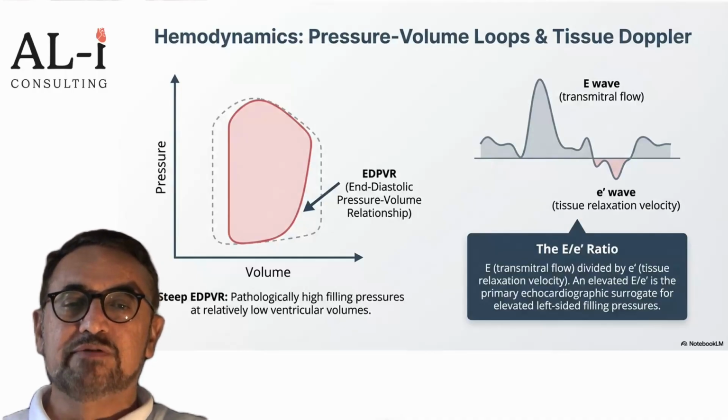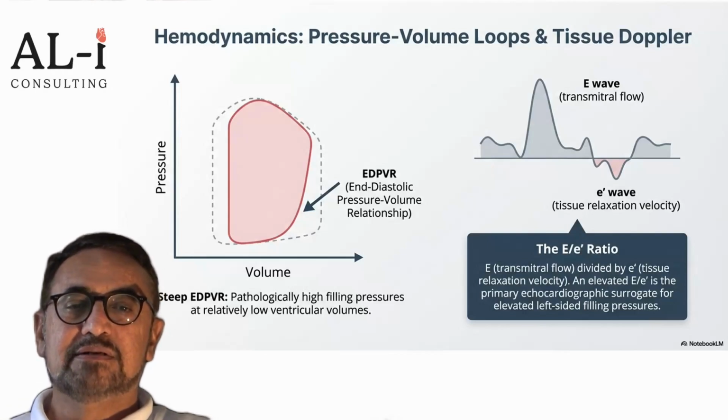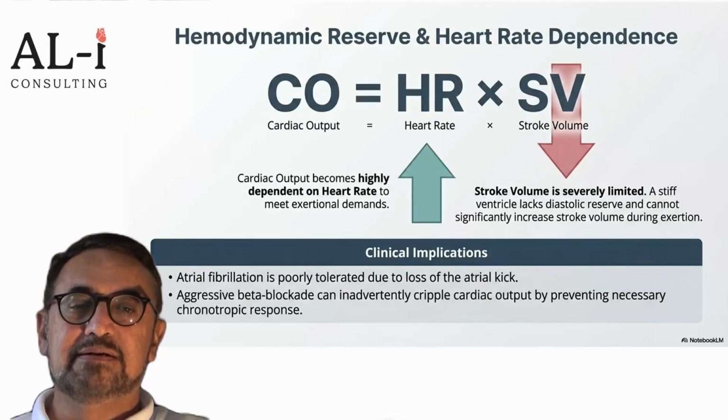These patients often generate symptoms because diastolic pressure rises too early and too fast, not because they have grossly dilated ventricles. Hemodynamic reserve and heart rate dependence. Here we move from resting physiology to reserve physiology. Cardiac output includes heart rate times stroke volume.